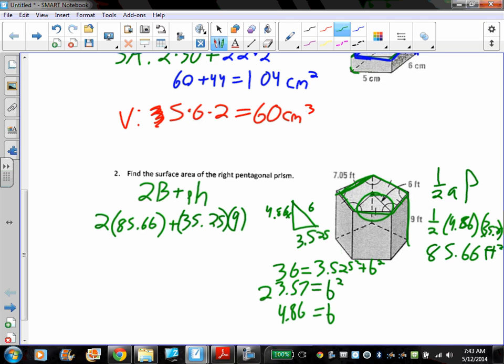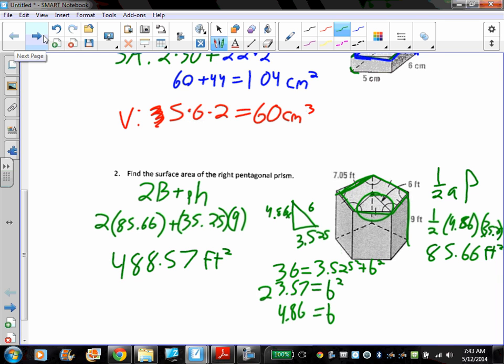So now we're going to combine all this together: 2 times 85.66 plus 35.25 times 9. And we get 488.57, and this again is going to be feet squared since we're dealing with area.